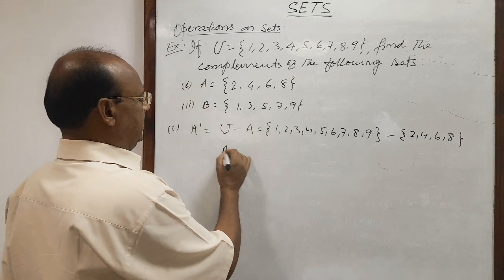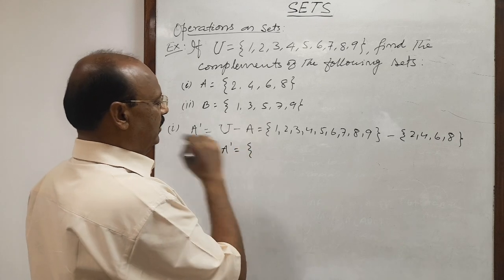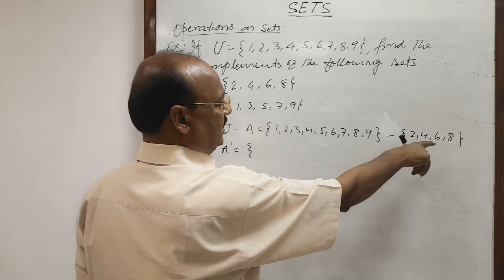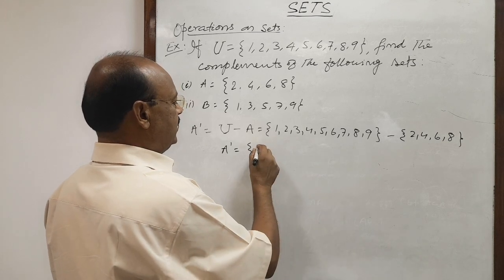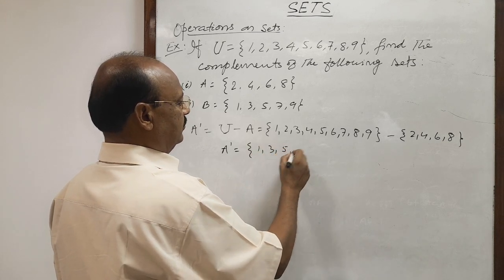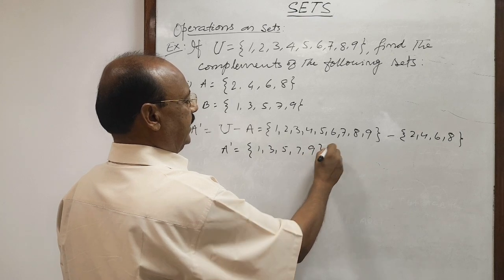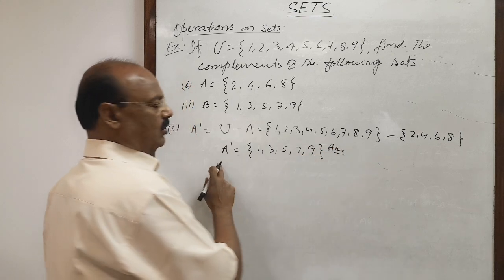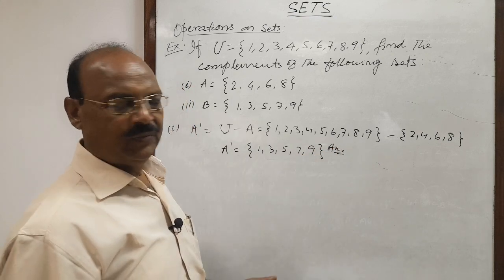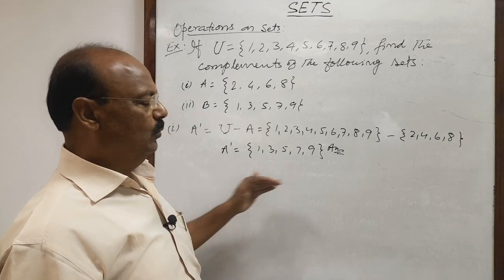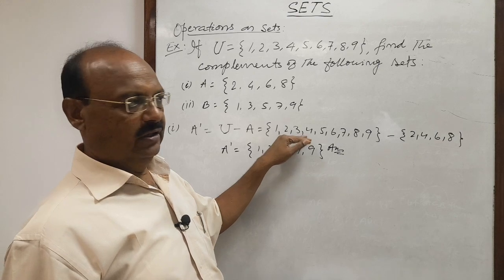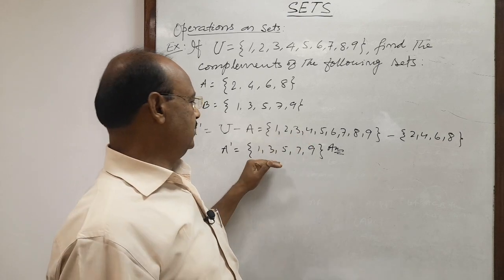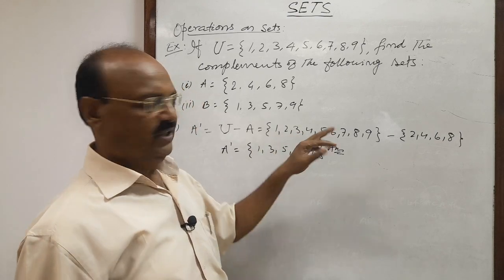Finally, the remaining elements are 1, 3, 5, 7 and 9. So this is the answer, the complement of set A. Very simple: we just omit the elements of set A from the universal set. The set having the remaining elements gives us the complement of this set.